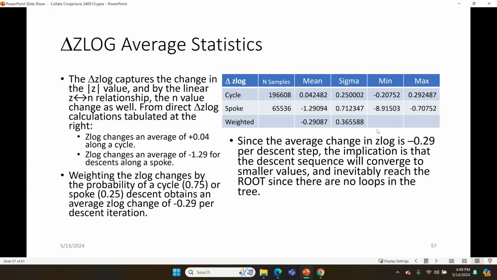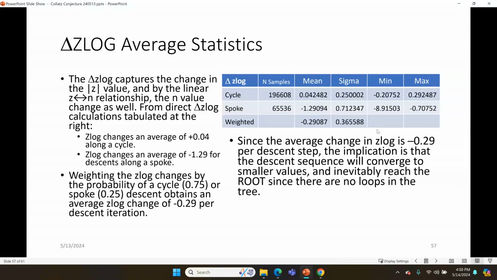If the decrements are along the increments or decrements are along the cycle, which is what happens 3/4 of the time, then I tracked the mean and the minimum and the maximum plotted there. So the mean value in the change in the z-log is plus 0.04. The minimum will be negative 0.2, and the maximum will be positive, almost positive 0.3.